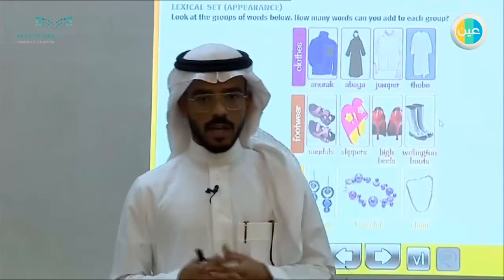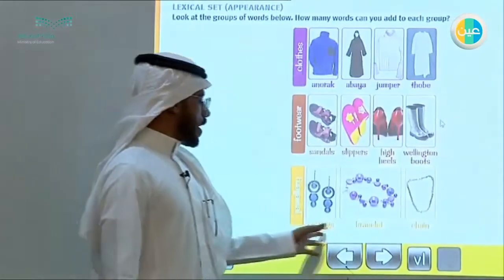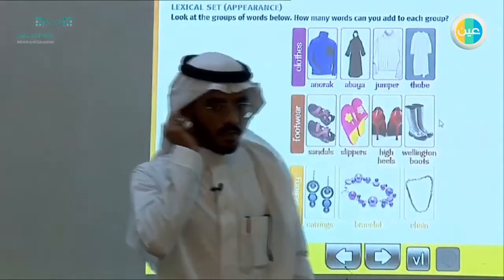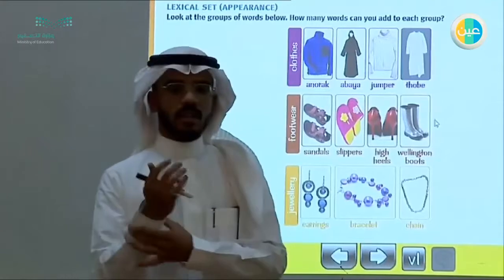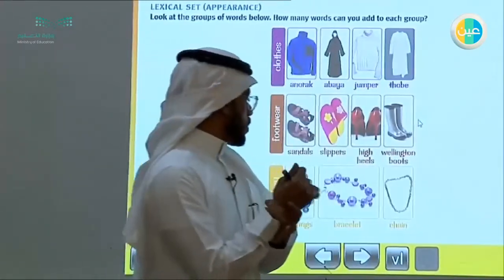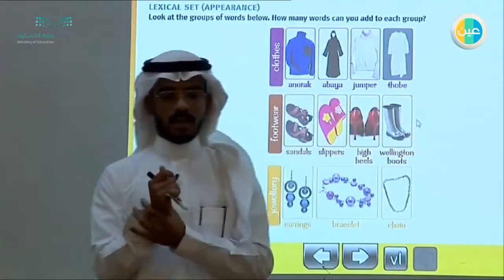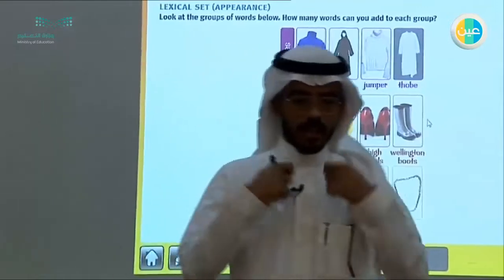The last group is about jewelry. Jewelry is used for decoration. The first one is earrings. You put it in your ear. The second one is bracelet. Use it around your wrist. Chain.